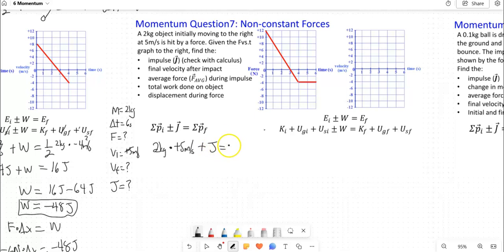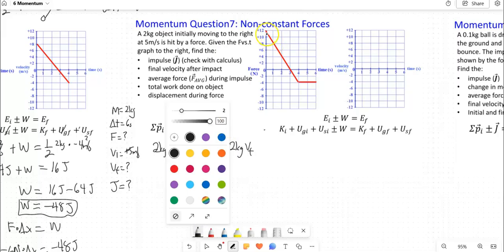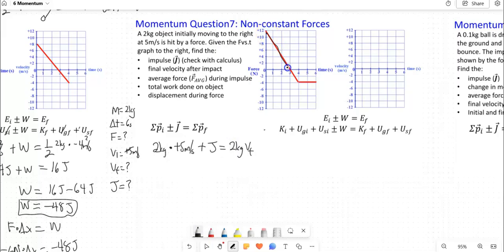And let's go ahead and find the final momentum, which is going to be 2 kilograms, but we don't know the final velocity. So we need to actually figure out the area underneath this line, which is a couple different things. Okay, so I'm seeing a triangle there. So you've got a black triangle right there.